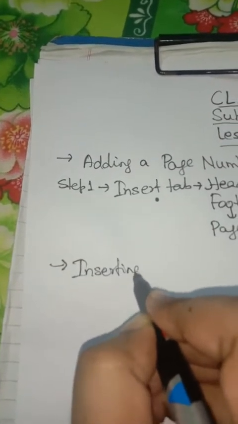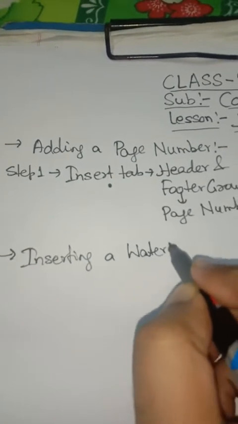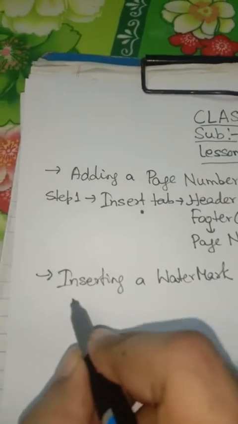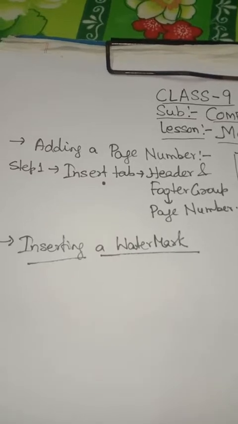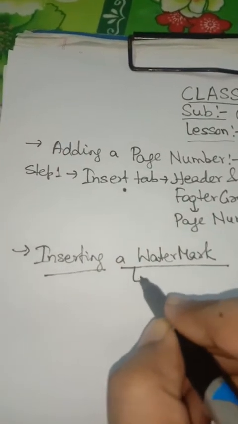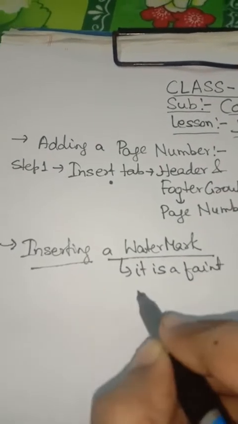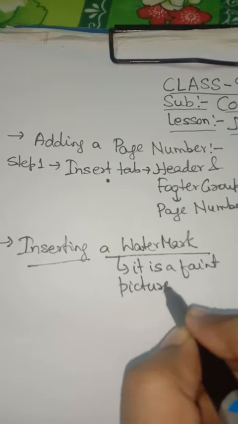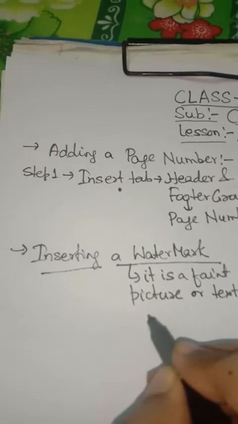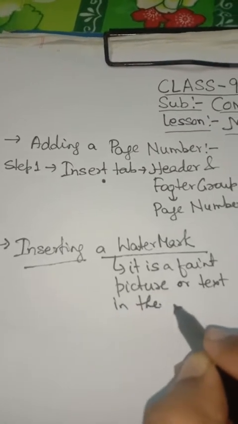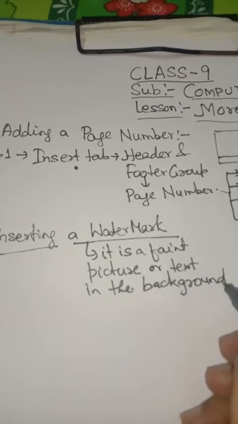Inserting a watermark. Now first of all, we must know what a watermark is. A watermark is a faint picture or text in the background of a paper.